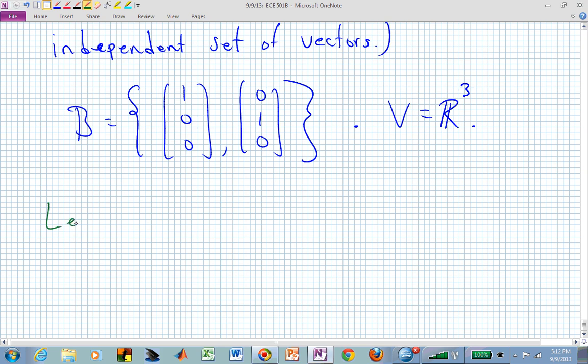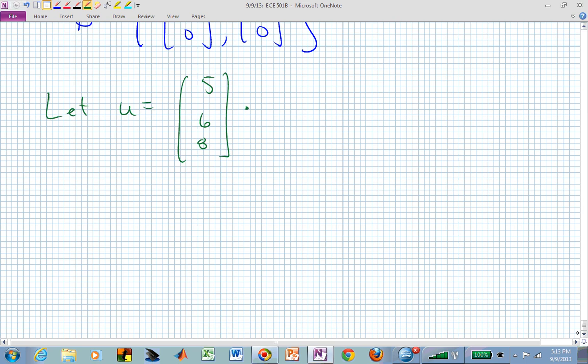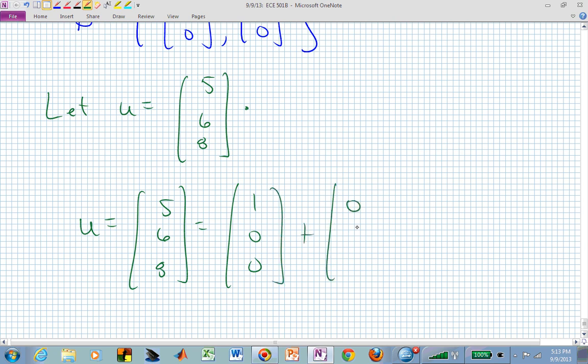Now there's all sorts of choices, but maybe for whatever reason I say, you know what, let me pick U to be 5, 6, and 8, but I know that that's in V and it's not in B, is it? So now I can find that U is this 5, 6, and 8, and I want that to be 1, 0, 0 plus 0, 1, 0.